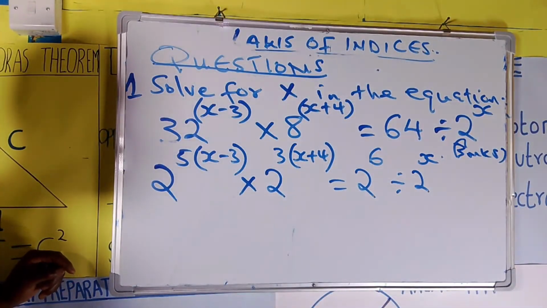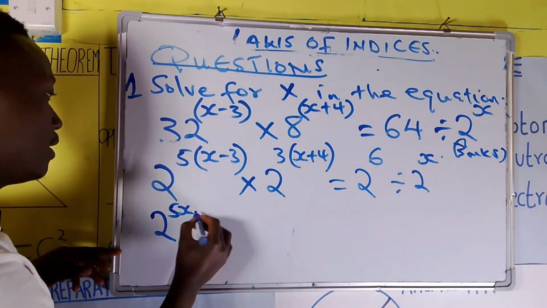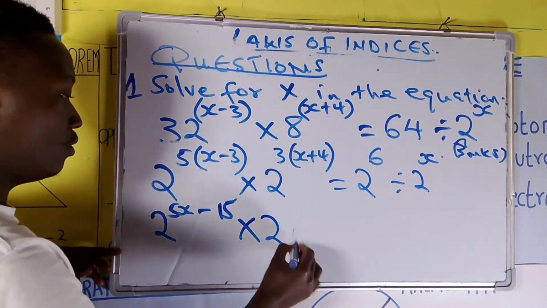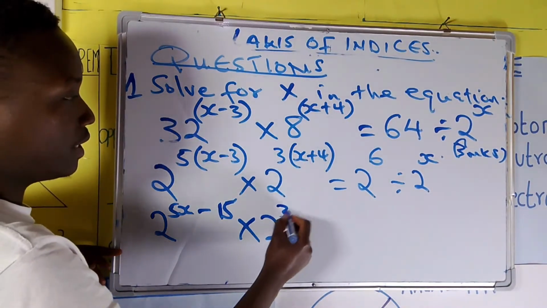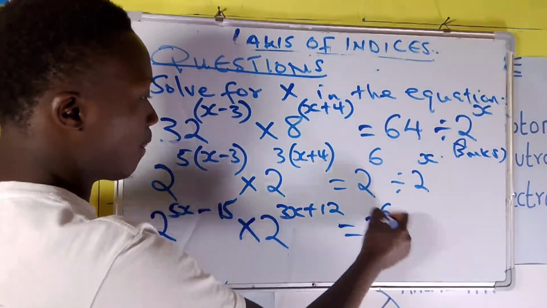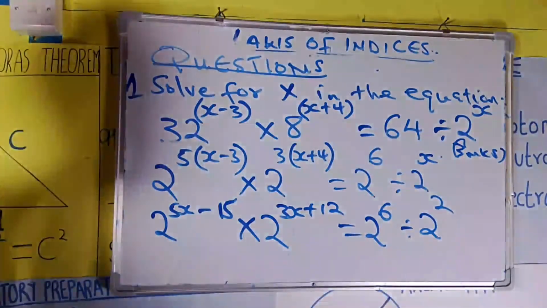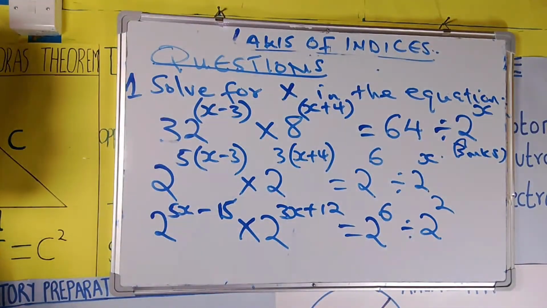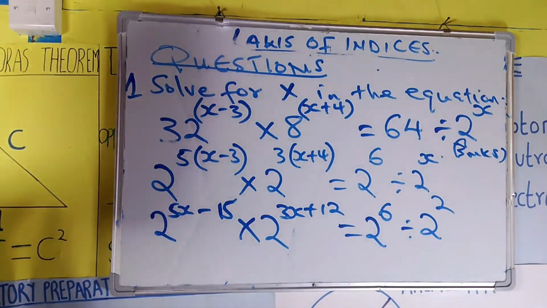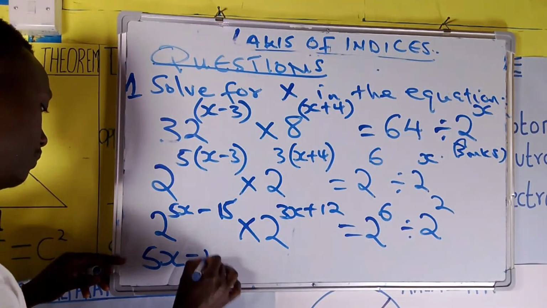So we will now get 2 to power 5x minus 15 times 2 to power 3x plus 12 is equal to 2 to power 6 divided by 2 to power x. So by having that, we can now drop our bases, and once we drop our bases, we will have 5x minus 15.